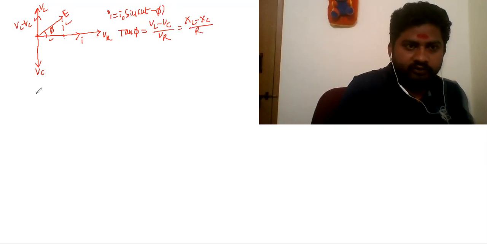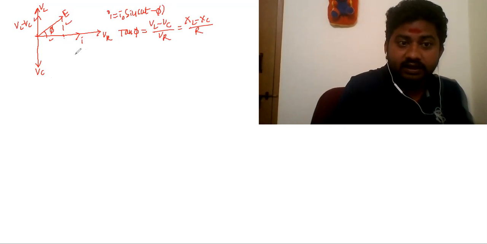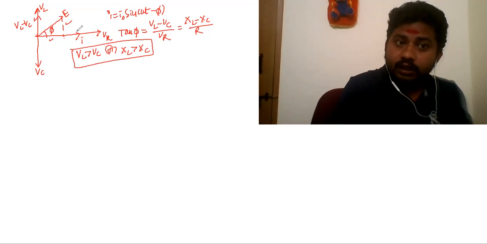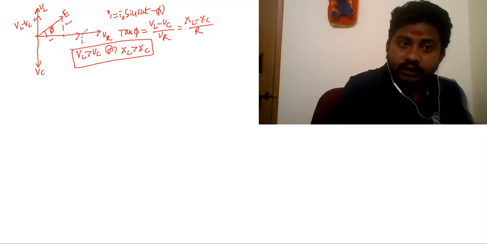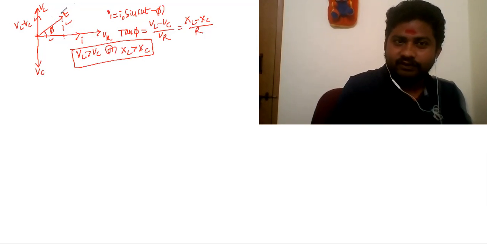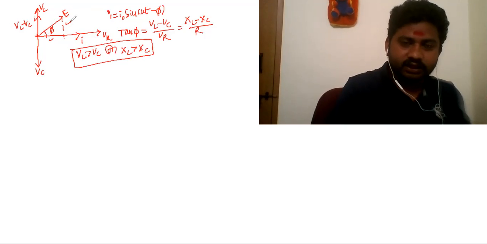For example, this is the case when VL is greater than VC, or XL is greater than XC. This is the condition, my dear students. Here the current is lagging. In an inductive dominated circuit, what happens?